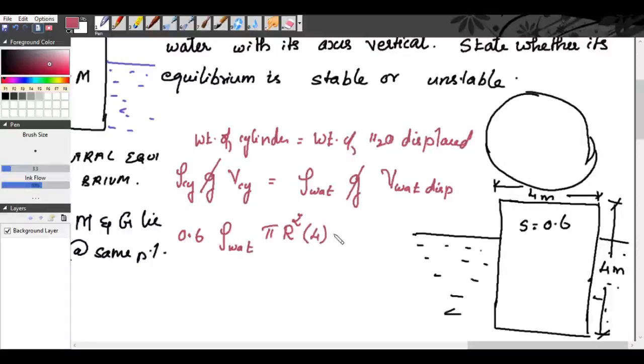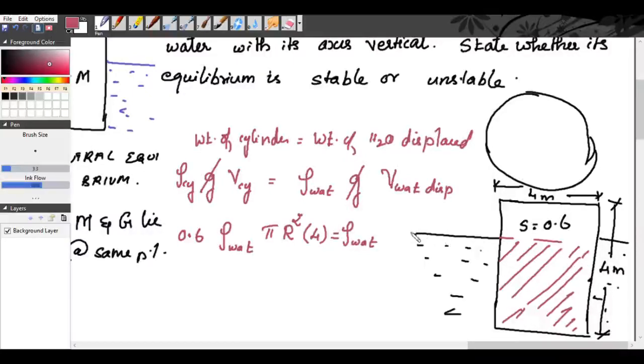That is equal to density of water into volume of water displaced. Volume of water displaced means this volume. It is again a cylindrical shape, so pi r square into height. We will take the height of the water displaced as h.